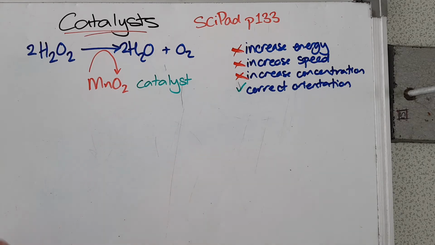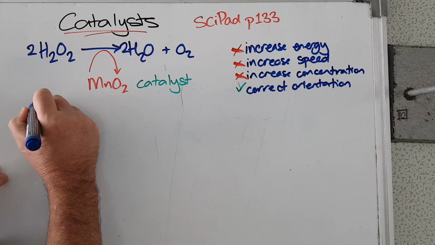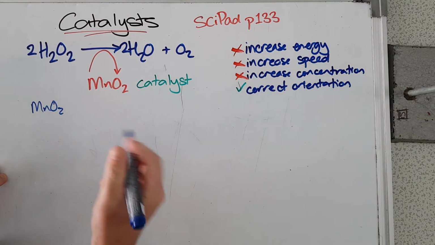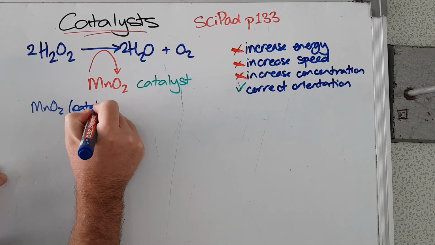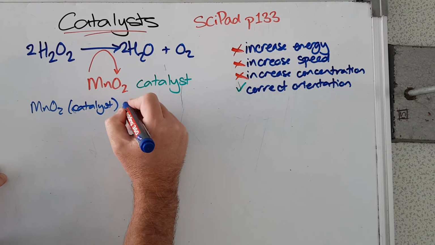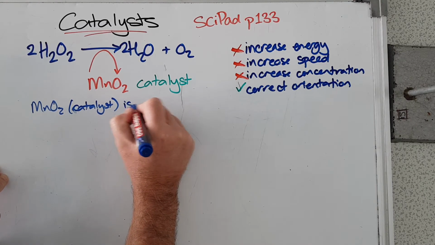The manganese dioxide holds those particles in place so that when they do collide, they're in the correct orientation to actually react. So what we say is that manganese dioxide, which is our catalyst, is not used up.